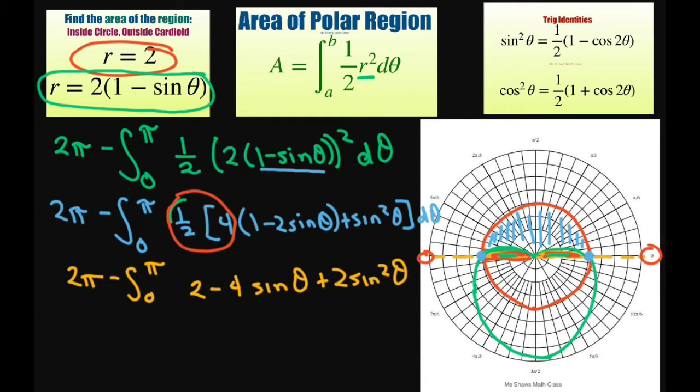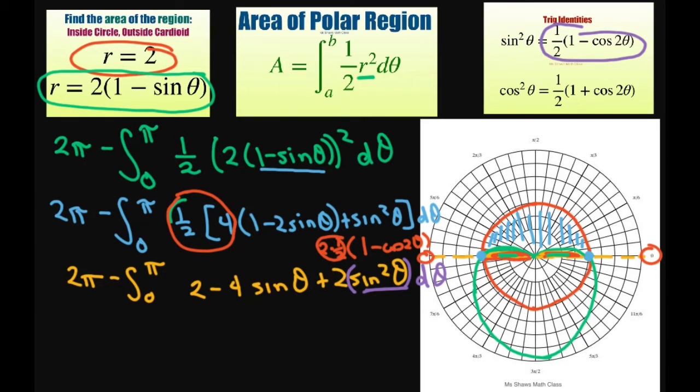We're almost done. The only thing we need to do is go ahead and use a trig identity for substitution for this part to make integration easier. So I'm going to substitute it in for this, and I'm going to do it right up here. So this is going to be 2 times 1/2 times 1 minus cosine of 2 theta. Well, 2 times 1/2 is just 1.